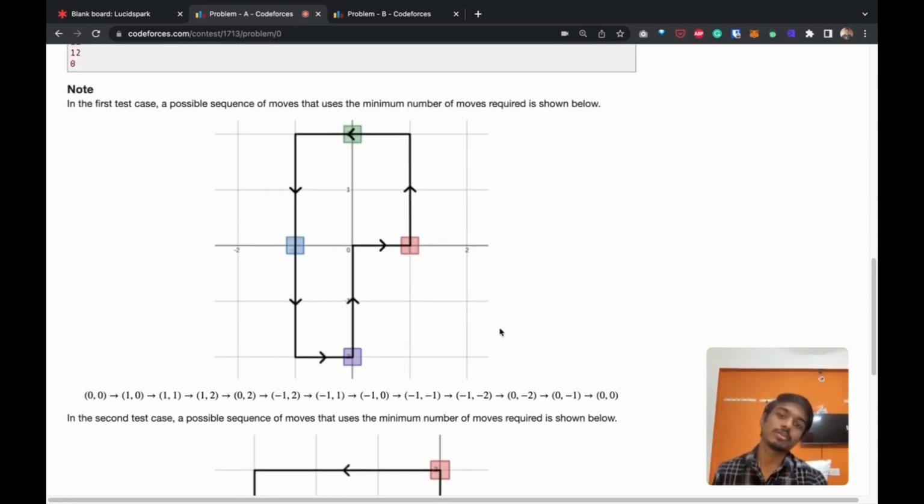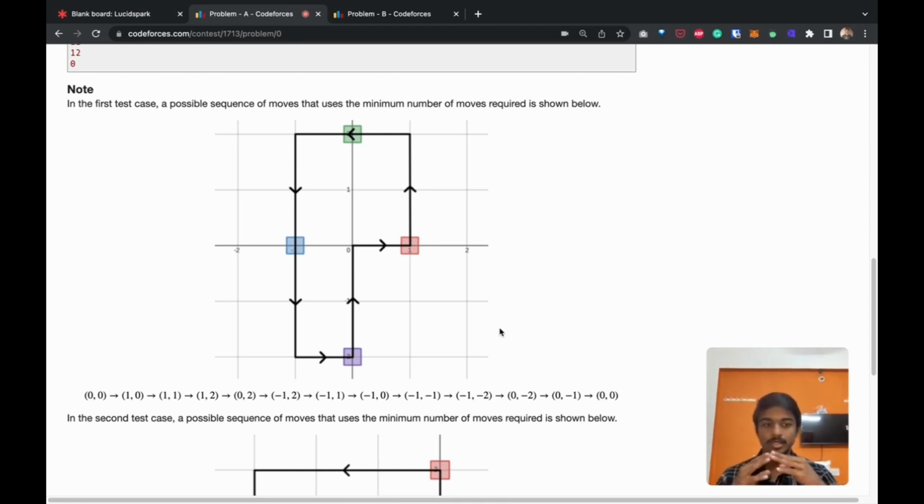Okay, so basically you need to traverse all the coordinates. So you start from right or... okay, I think we have to sort it first. How to sort it?